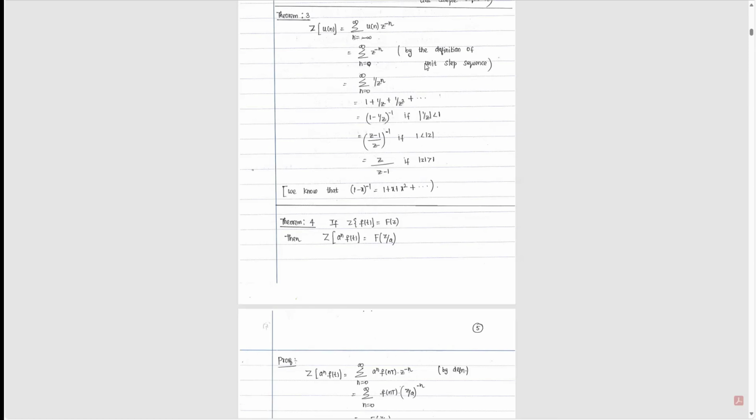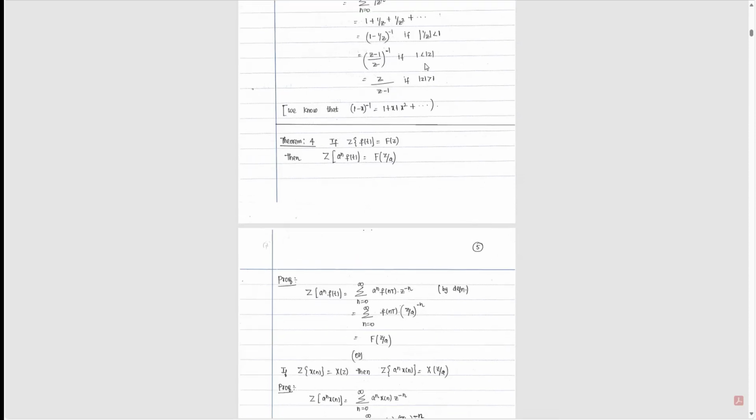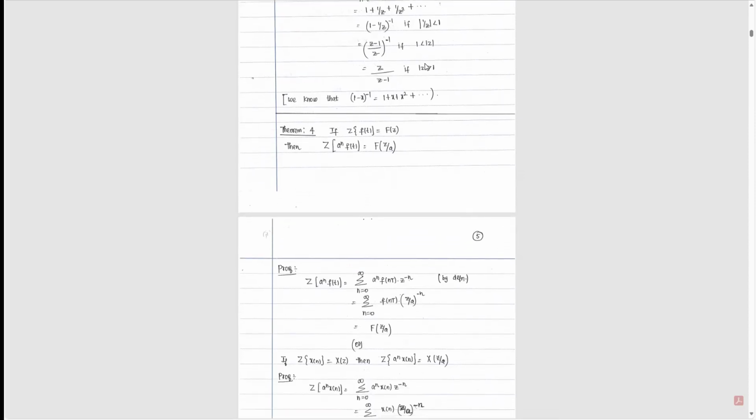So we are left with only z to the power minus n, right? And we can write z to the power minus n as 1 upon z to the power n, and now we can put the value of n from 0 up to infinity. Then we will have this expansion. Are you getting me? Yes, ma'am. This expansion we can get.